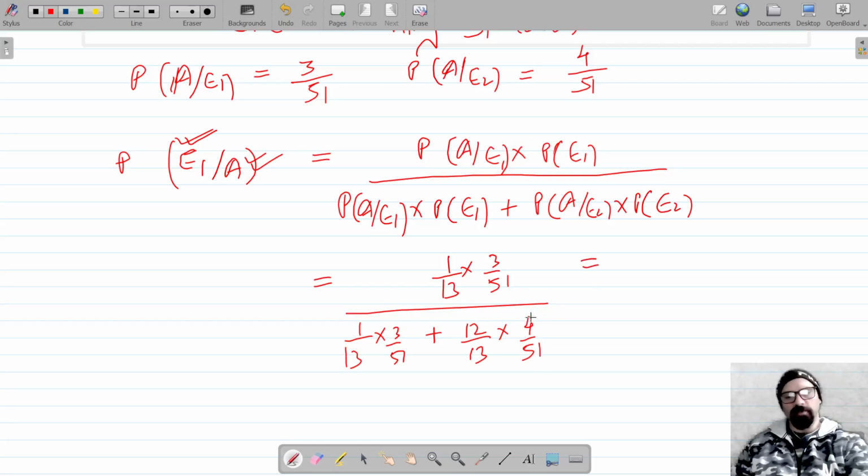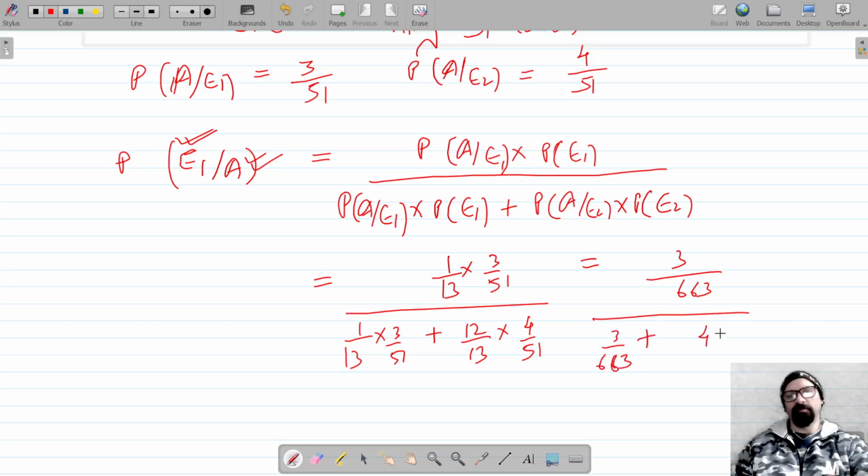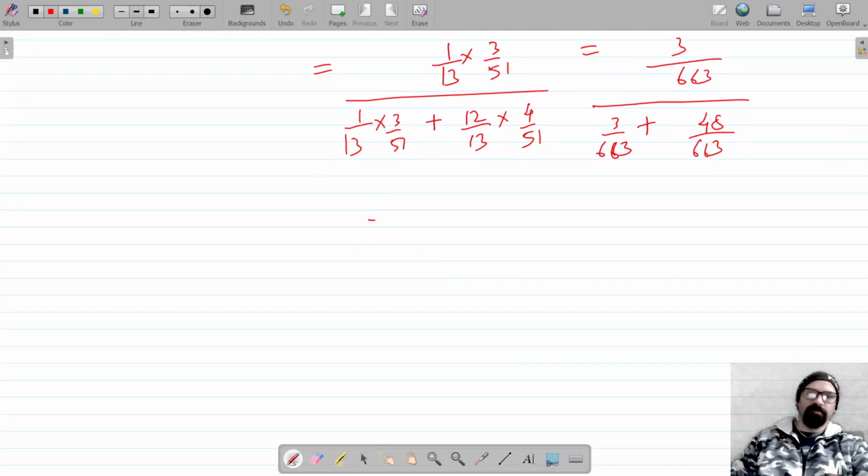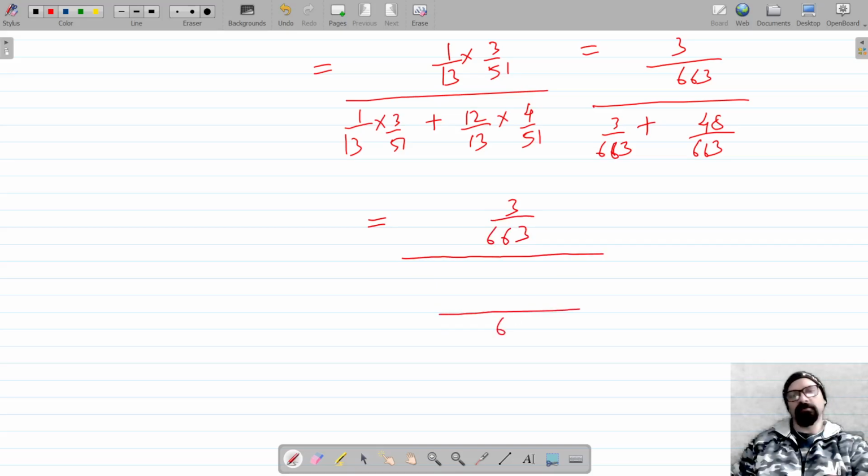Now 13 into 51 is equal to 663. So this is 3 upon 663, divided by 3 upon 663 plus 12 into 4, which is 48, upon 663. Now the LCM is 663, so this is 3 plus 48.